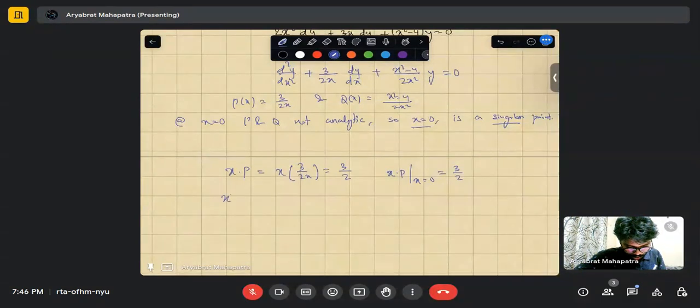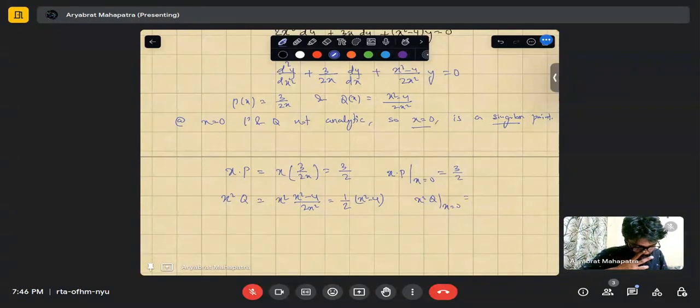Also you have to check x square q. This also you have to check, because if either one of them diverges, then that won't be your regular singular point; it can be your irregular singular point. So again, you can check x square q at x equals 0. This gives you minus 2.